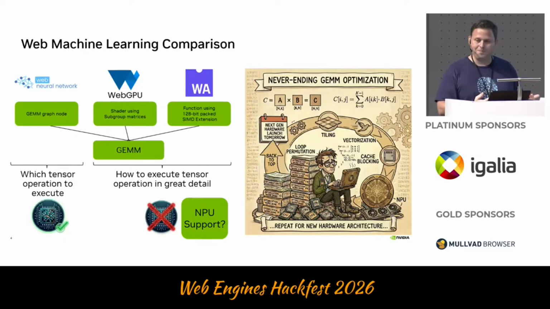If you go for WebNN, you can go to an NPU, and NPUs can be way more power efficient in some cases than the normal compute implementation. And I guess a lot of you use mobile phones, and you want to save power, or you want your mobile phone not running super hot. So you want the most power efficient implementation on your mobile phone if you're running neural networks.